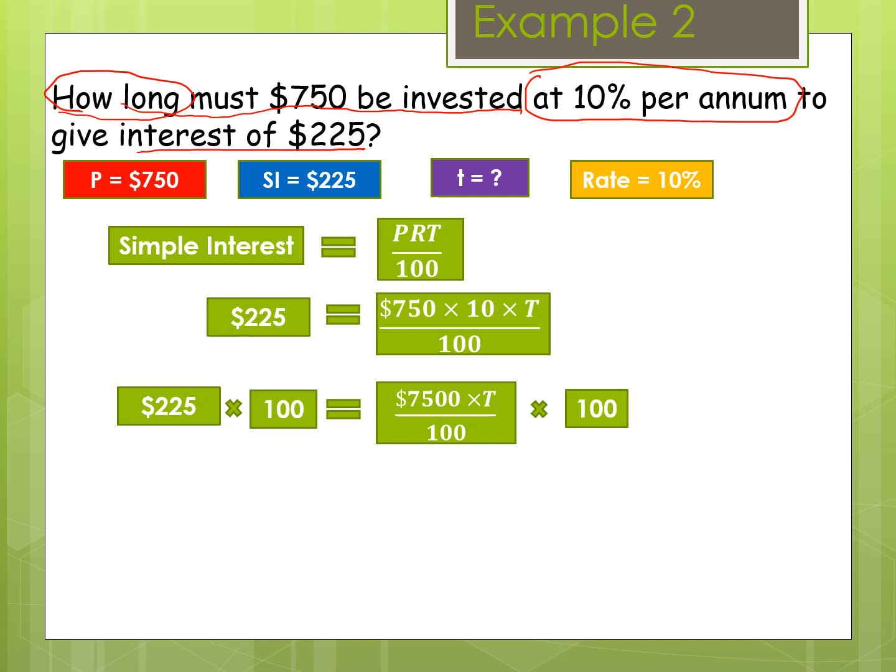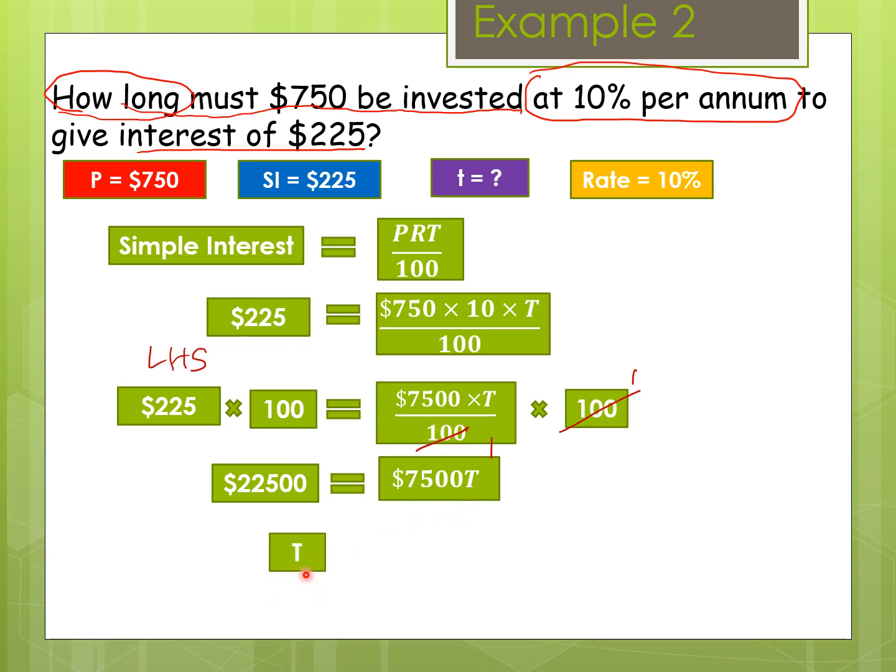When we do that, we're going to cancel 1 and 1. On the left hand side, we're going to multiply 225 by 100, which is going to give us 22,500. And then on the right hand side, we're going to get 7,500 T.